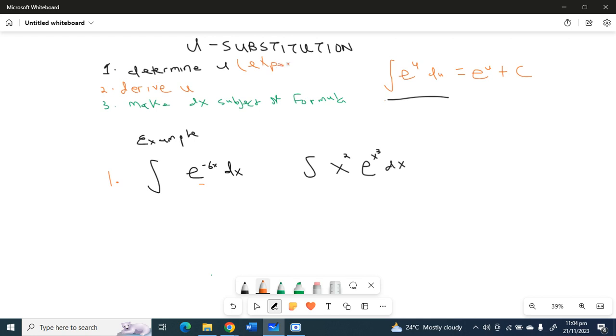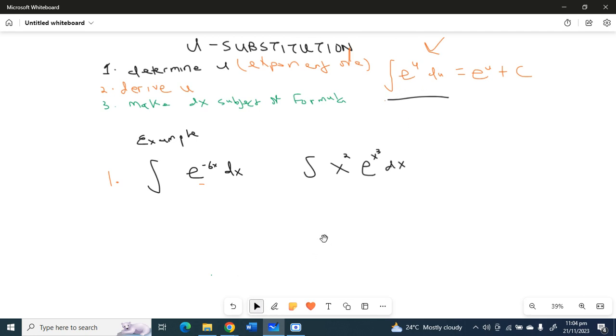Your u is always going to be the exponent of e. Step 2, you need to derive u. In step 3, you make dx the subject of the formula. After you complete step 3, you must make your integral look like this so that you can integrate.